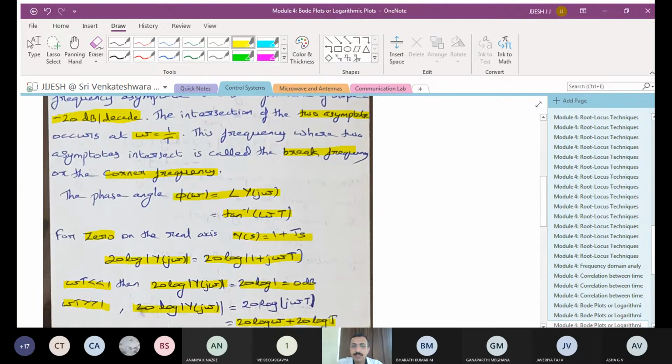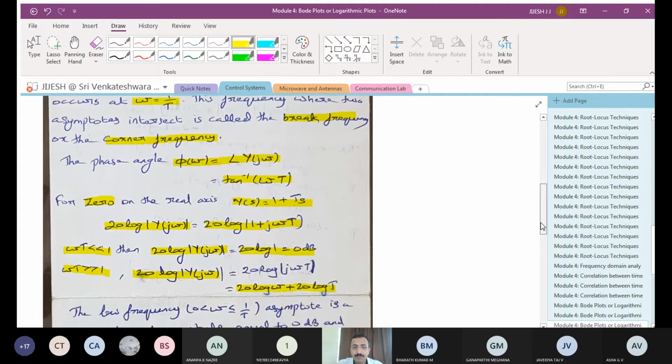When you do the problems, you have to keep these things in mind: what to do when zeros are on the real axis, and what to do when poles are on the real axis. When the zeros are on the real axis, you get 0 dB for omega t less than 1, and for omega t greater than 1, you get 20 log of omega plus 20 log of t.